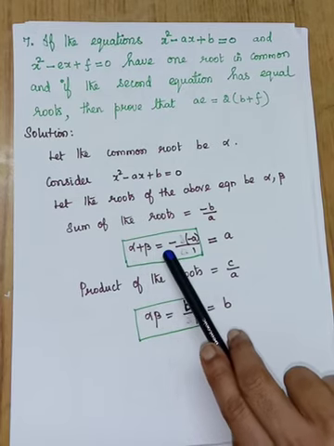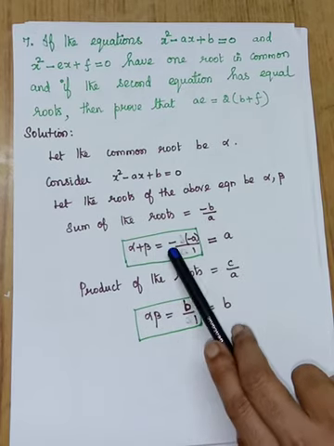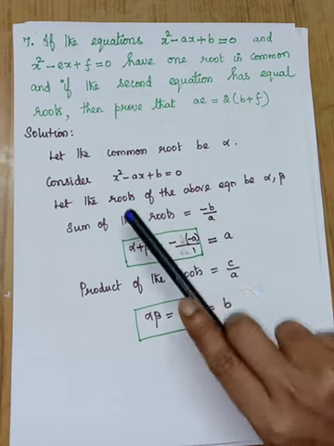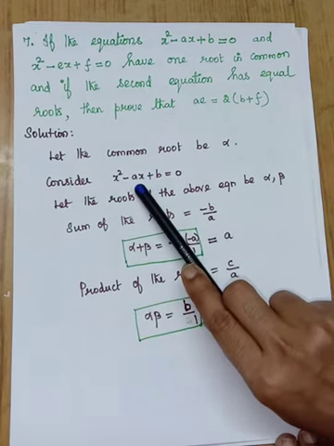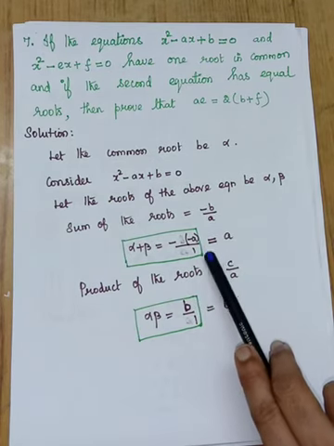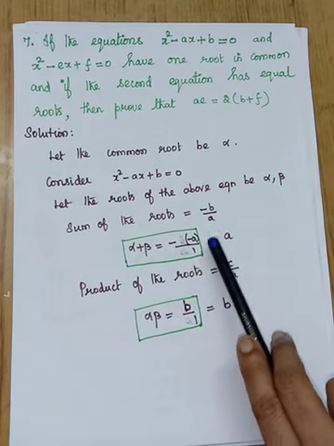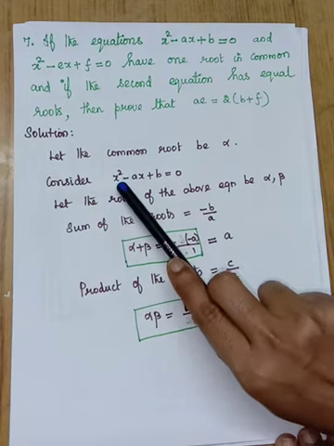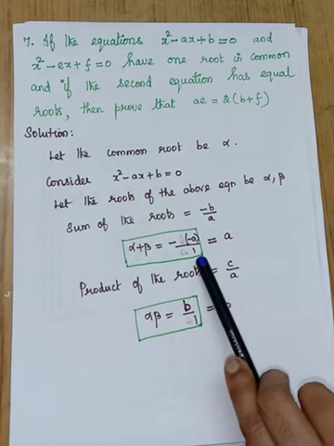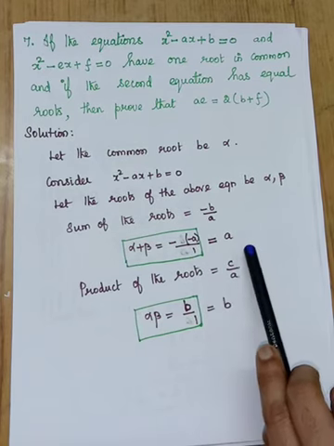Alpha plus beta is equal to, look at this, minus, what is our b? B is the coefficient of x. What is the coefficient of x for this equation? Minus a. So minus of minus a divided by, why I have written 1? 1 is nothing but the coefficient of x squared, that is a. So in the place of a I have written 1. So minus of minus a is a.